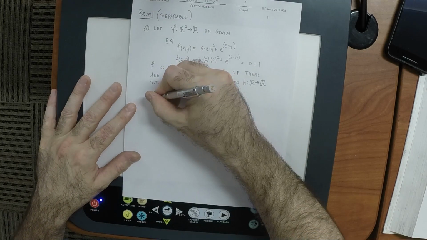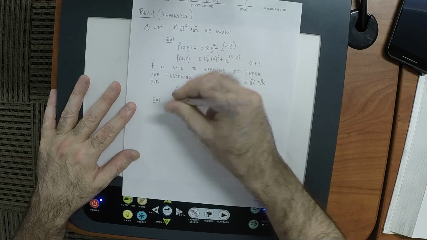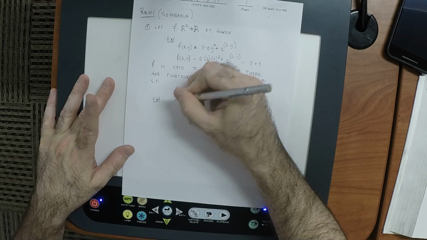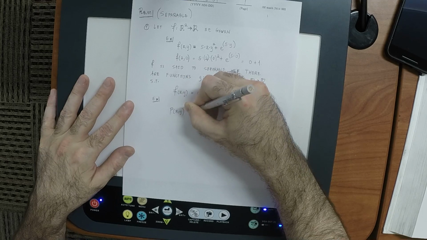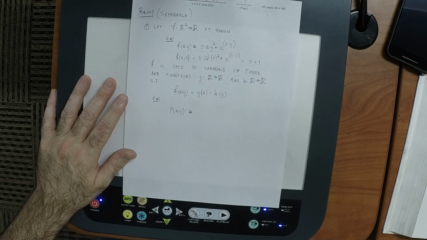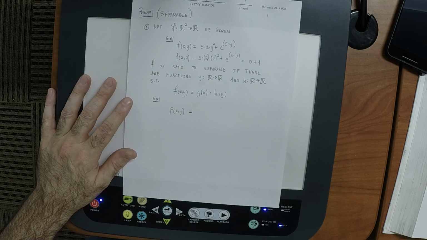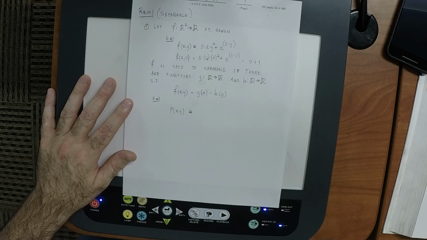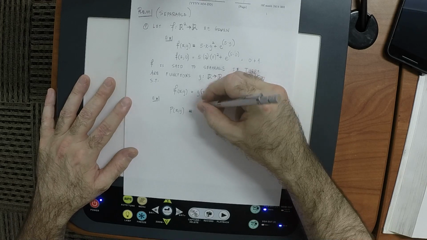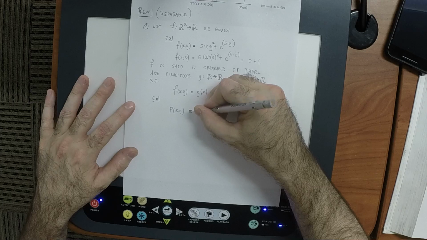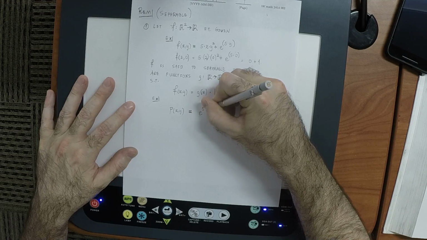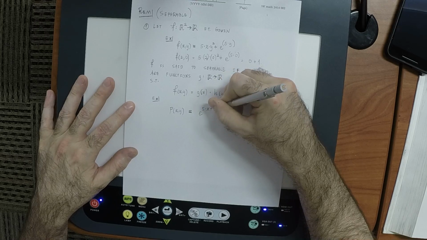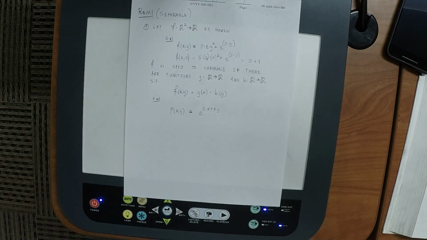But for example, we could have one that looks like this. Say, I don't know, p of x and y is equal to, let's think about it for a second. Well, let's not make it too complicated. How about just exponential of 5x plus 4y? Is this p separable?